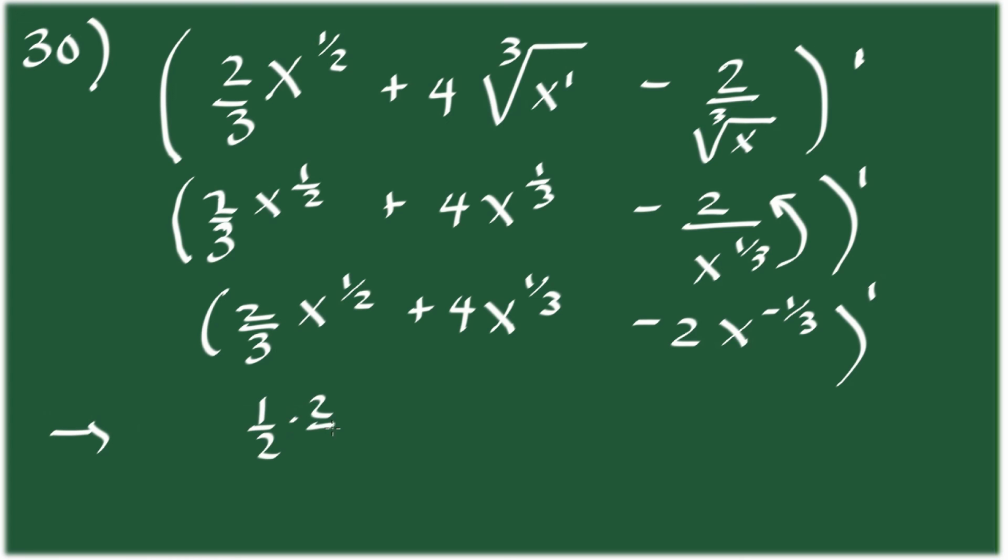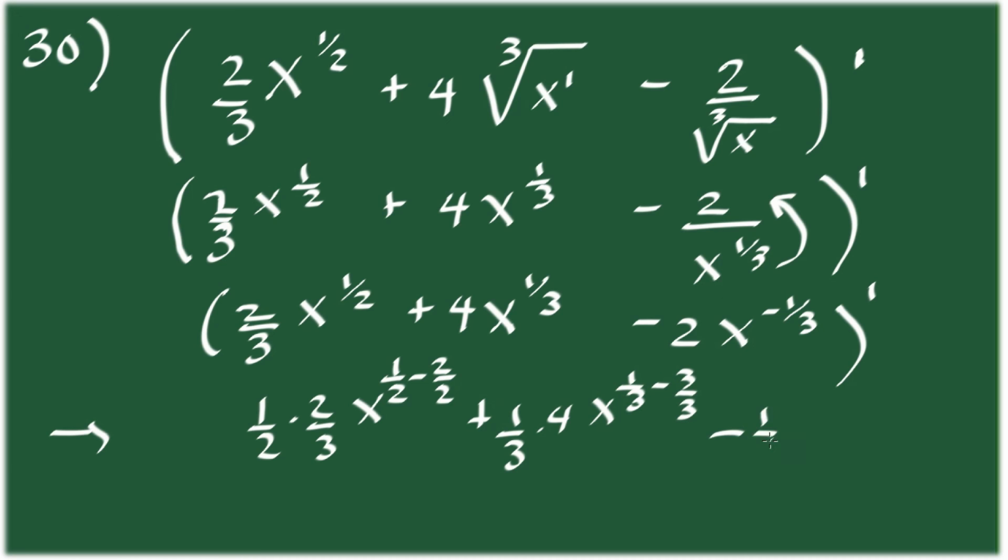1/2 times 2/3 x to the 1/2 minus 1, plus 1/3 times 4 x to the 1/3 minus 1, minus negative 1/3 times negative 2 x to the negative 1/3 minus 1.